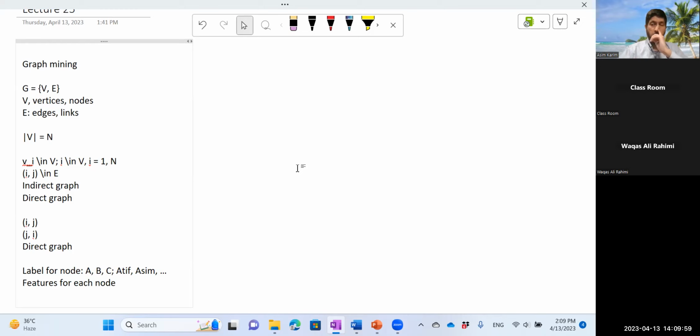Okay, so that is also possible. As I said, a node is identified by an index like I, J, K. A node can also have a label, which is a descriptive label that reflects the type of data that you're modeling in your analysis. And then you can have even more description for that node by capturing the features of that node in maybe a feature vector.